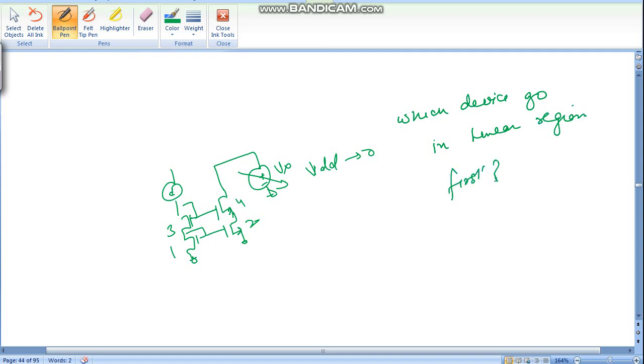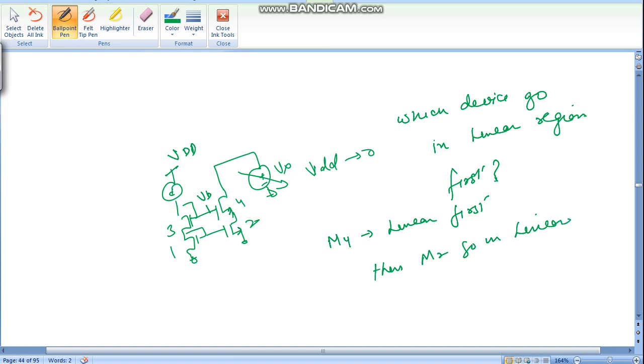Say this is VB. In this case M4 will go into linear first, then M2 goes into linear.